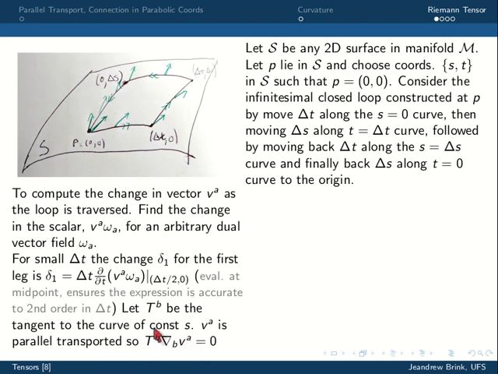So we're going to use this parallel transport condition to work out how this inner product actually changes.